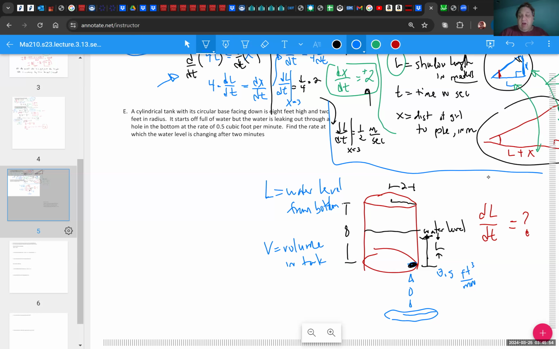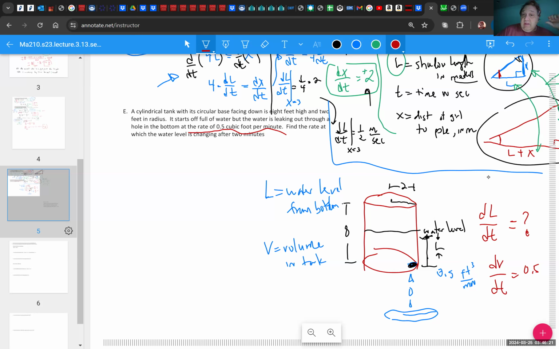So I know the volume of the puddle is getting bigger, but the volume of the tank is getting smaller. So we know that the volume is changing. And it says it's leaking out at the rate of 0.5 cubic feet per minute. So that's 0.5, right? And that's cubic feet per minute.